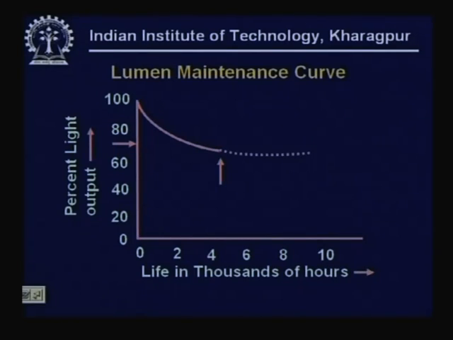So, what we observe is that there is a rapid fall of light output initially, but somewhere around 3000 to 4000 hours it tapers and it maintains around the same level, which is around 70%.